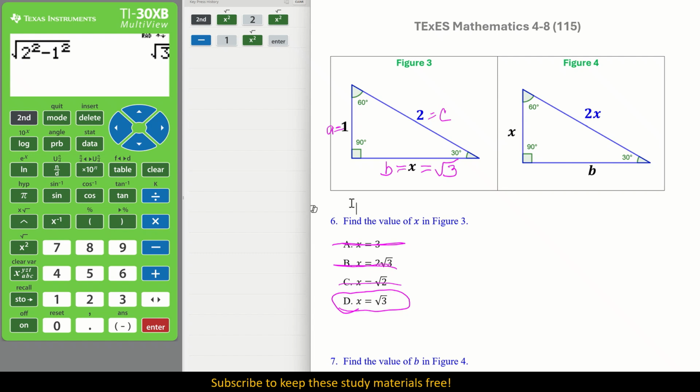However, be observant. Well, I think 2 is multiplied to x for the hypotenuse, and I think leg A is multiplied to the 1 because A equaled 1 in figure 3. So I'm thinking that figure 4 is multiplied by x.